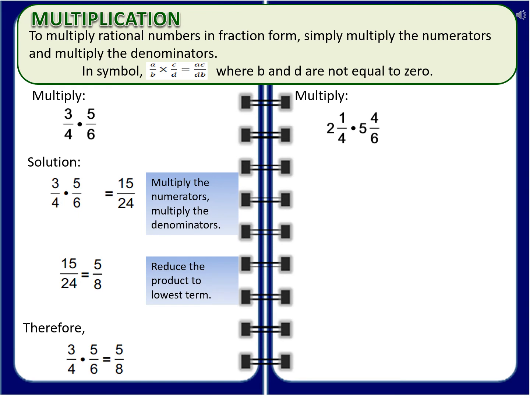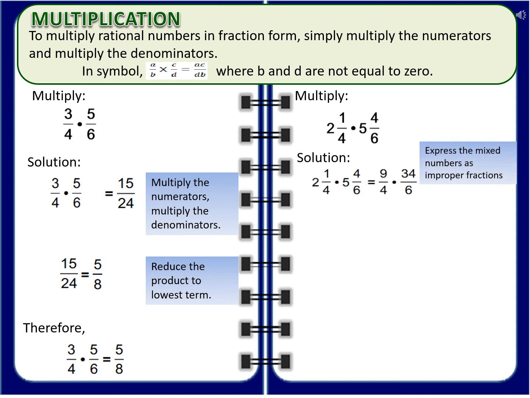Then, to multiply mixed numbers, for example, 2 and 1/4 multiplied by 5 and 4/6. For the solution, we will express the mixed numbers as improper fractions. 4 times 2 is 8 plus 1 is 9, so it is 9 over 4.